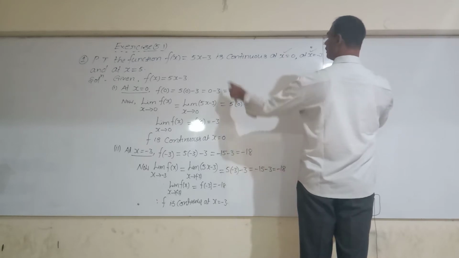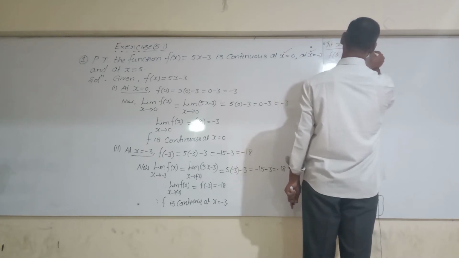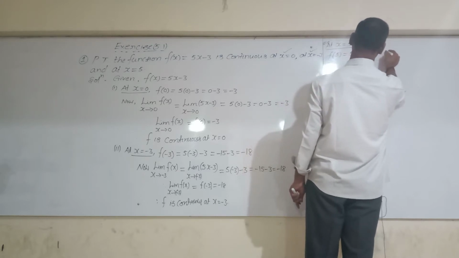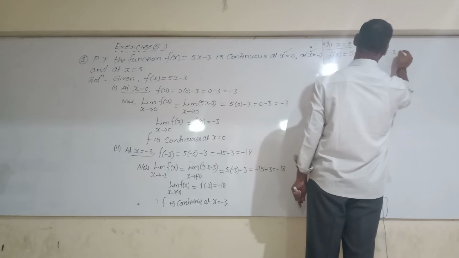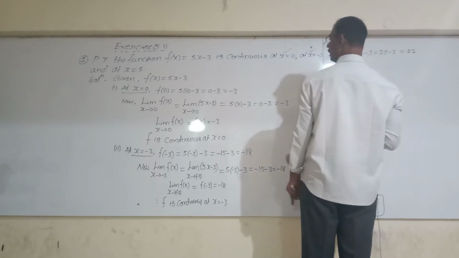That equals the function; substitute x equal to 5. 5 into 5 minus 3 is equal to 25 minus 3. This will be 22.